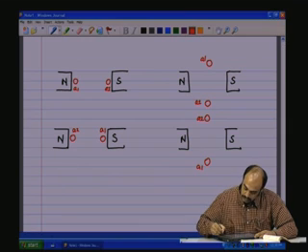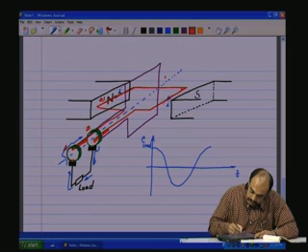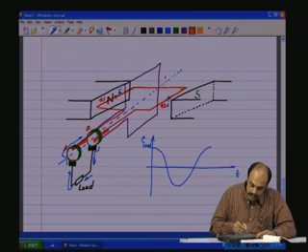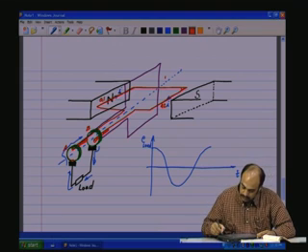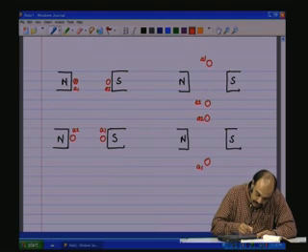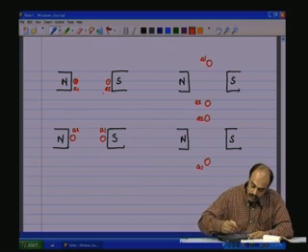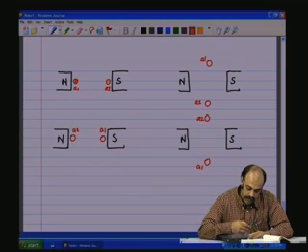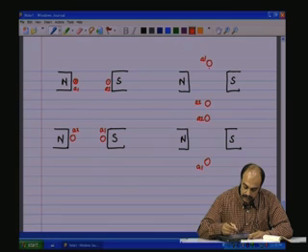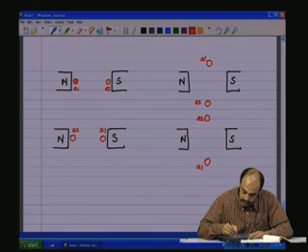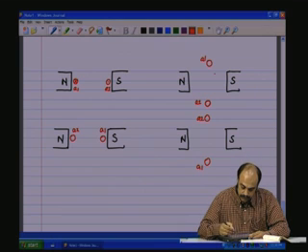So, if you look back to the previous figure, this is A1, this is A2, and the current going into the page, we are going to put the X mark like that, and coming out of the page is like this. So, as the coil has rotated 90 degrees, you will see that there is no current flowing in this position, because the induced EMF is 0.